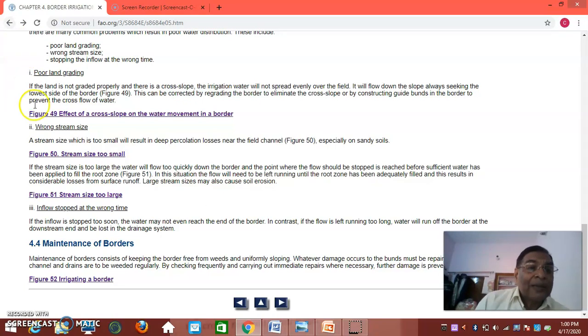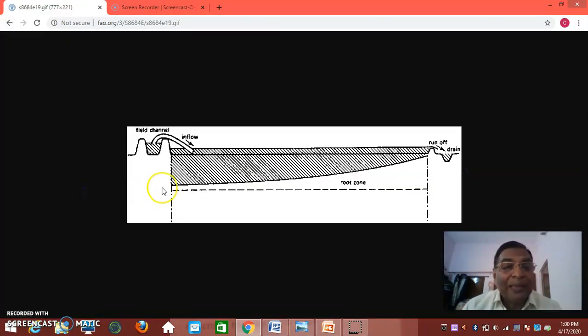Another important point: if the stream size is too big, what will happen? You can see it quickly goes without covering much of the strip of the area, and goes as infiltration sideways. So this is also a problem. If you have a bigger stream or a bigger discharge, you can increase or decrease the length suitably based on the soil infiltration characteristics.